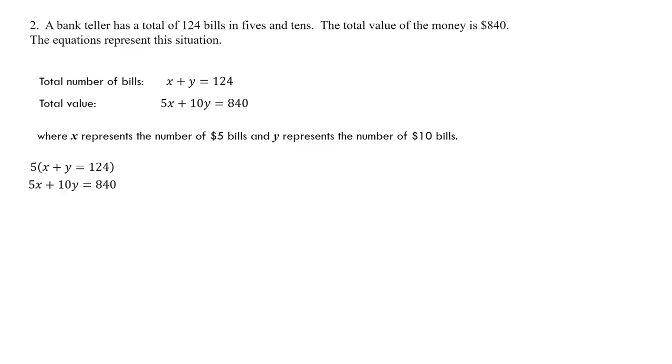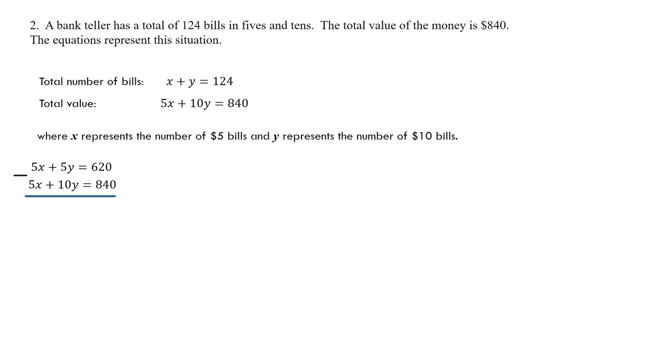So we get 5x plus 5y equals 620. The second equation is already 5x plus 10y equals 840. Both our x terms are positive, so we'll use subtraction again to get rid of the x's.